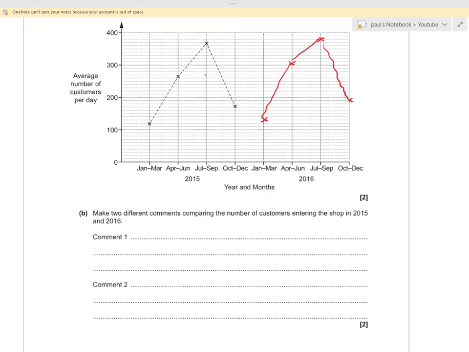You could say that in 2016, April to September is higher than 2015.